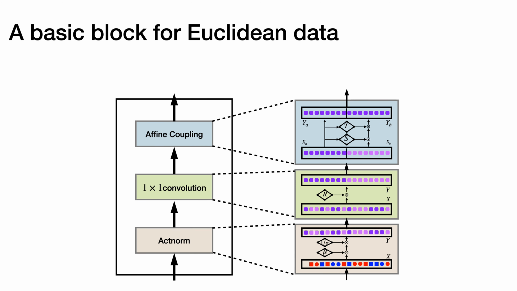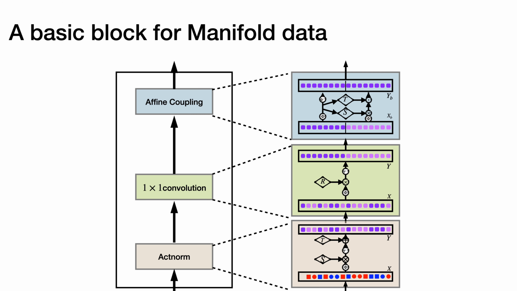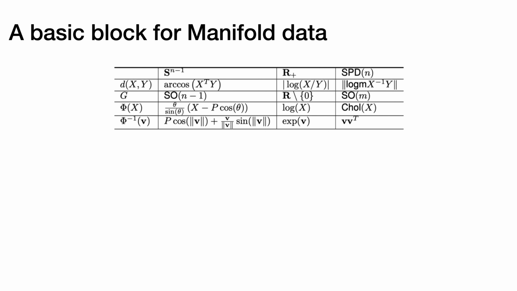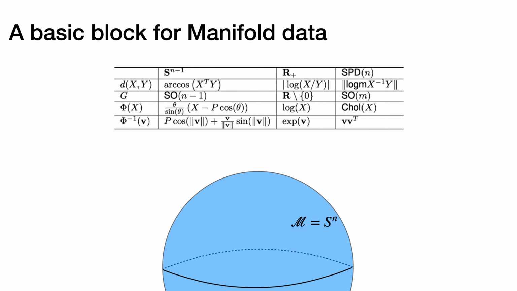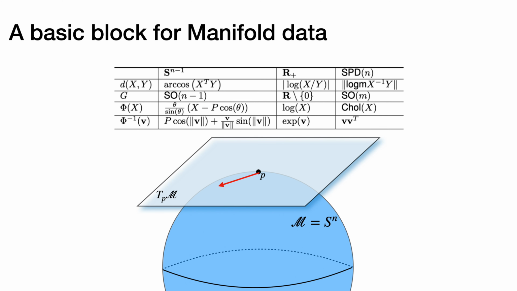And we can use similar operations defined before on manifold-valued data to extend the original blocks. This is the modified version on the manifold. The major challenge is defining the projection between tangent space and the manifold efficiently, and also the distribution in the latent space, which is also a manifold, is hard to compute.